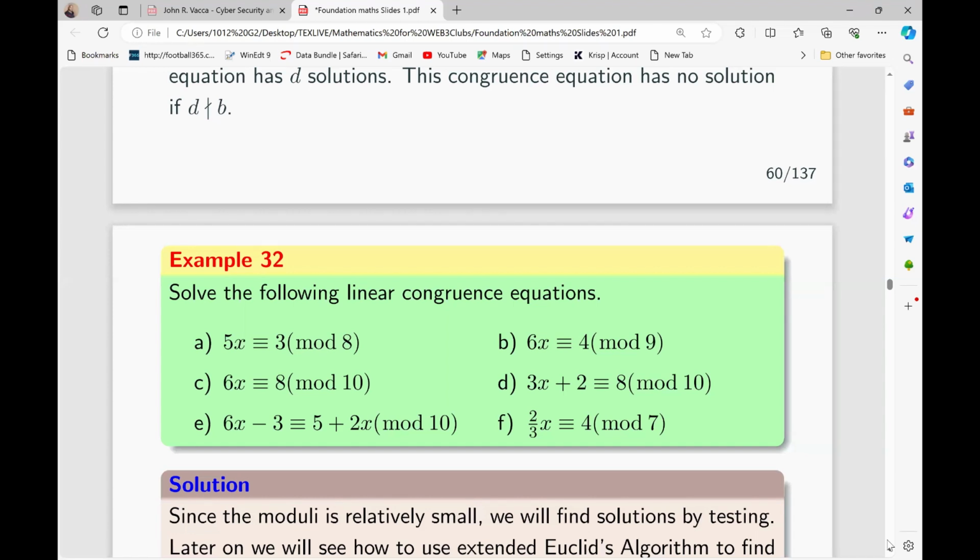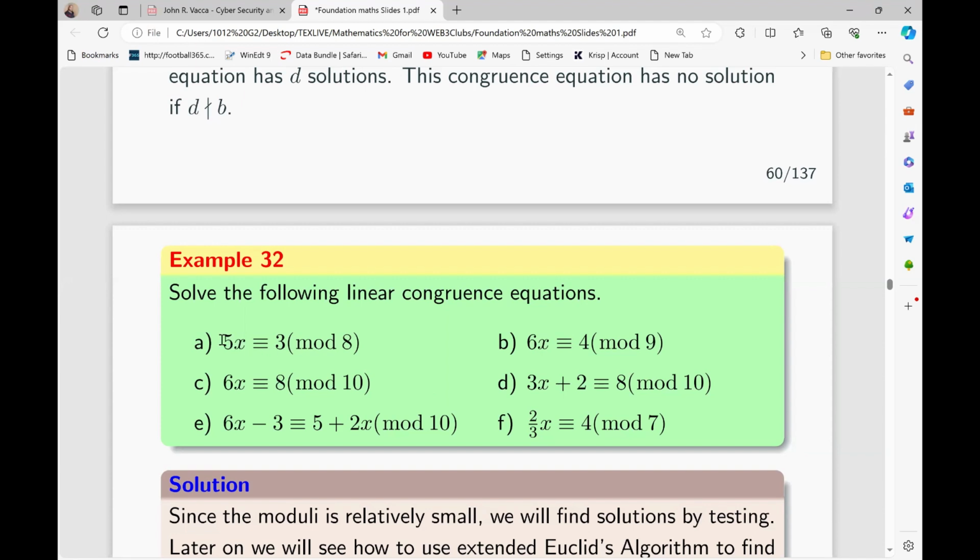Because while solving this, we use the Euclidean algorithm first, and then you use the extended Euclidean algorithm to find the value of x. So while revising this, we are revising several things at once: the Euclidean algorithm, the extended Euclidean algorithm, and of course, how to solve this type of equations.